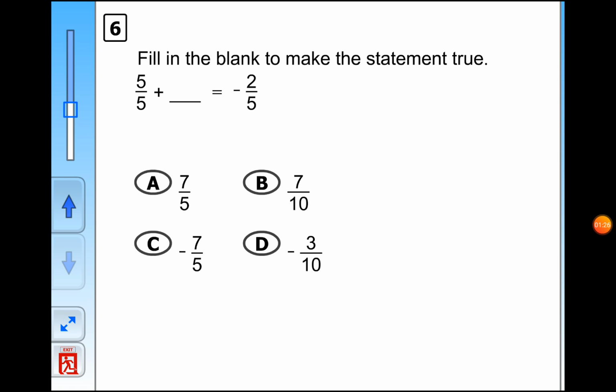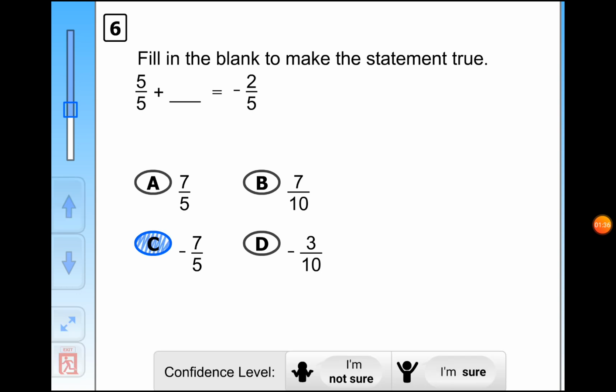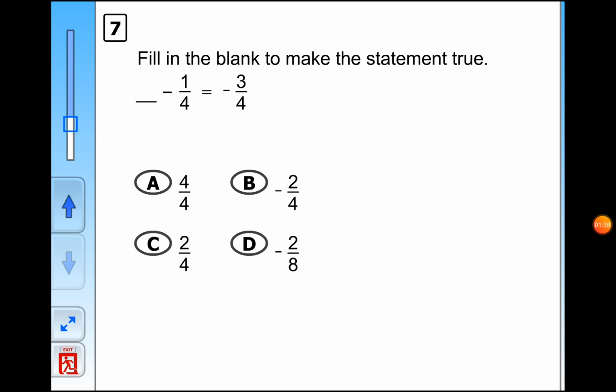Fill in the blank. 1 minus y equals negative 2 over 5, so y is 7 over 5. Fill in the blank to make this statement true.